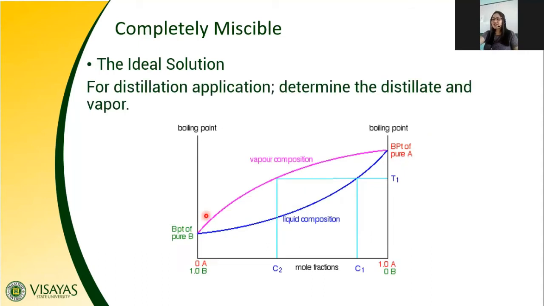As you can see here, you have this temperature 1, which is labeled here. At this point you have composition 1, and you have composition 2. You plot this and connect it with the phase diagram.